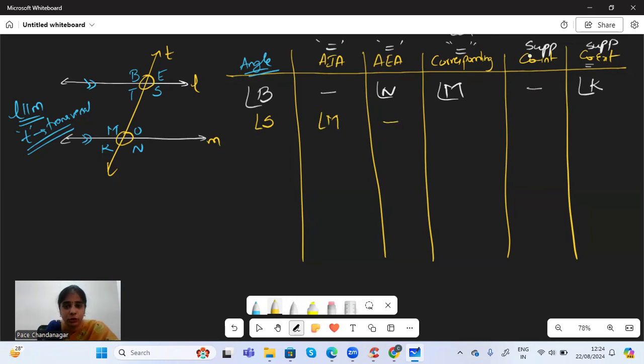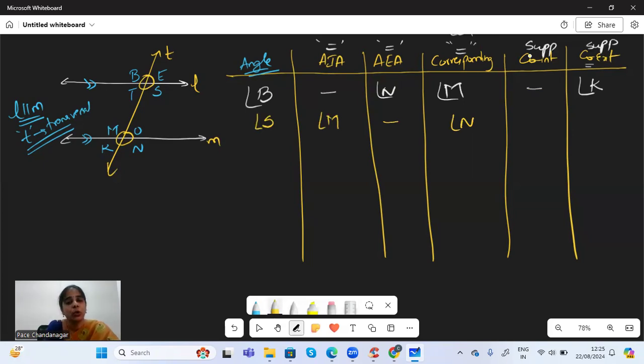It will not have an alternate exterior angle. Coming to the corresponding angles, as I suggested, they go with the same positions. S is bottom right, so obviously bottom right will be N, clear? So angle S and angle N will be the corresponding angles, and they are equal if the lines are parallel.